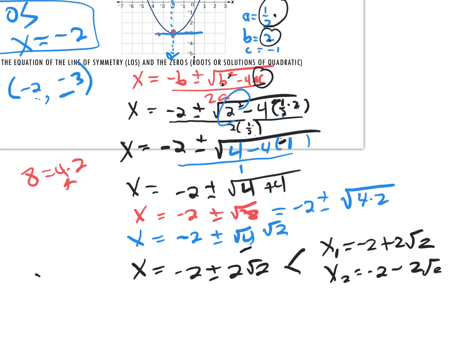So one of my answers will be pure negative, and one of my answers will be pure positive. How do I know? Because -2 minus another positive number, the second one will always be negative. This one here, a -2 added to something bigger than 2, is going to give you a positive number. And so it makes sense if you look at the picture.